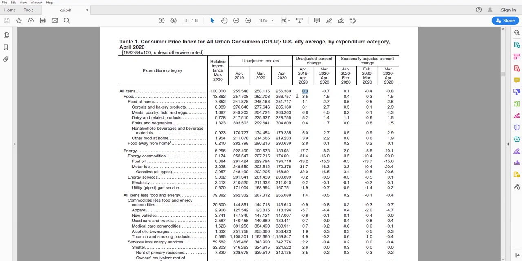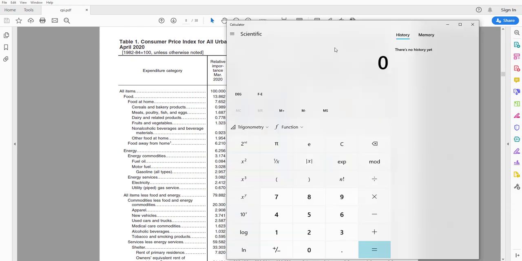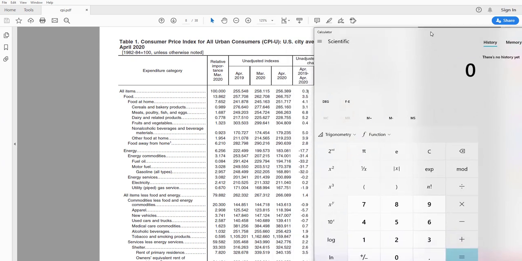So in order to go from 2019 to 2020 in April, we take the current period, which is 256.389. We divide it through by the original time period, 255.548. We divide those two numbers, multiply by 100, subtract out 100, and this is exactly where we get this 0.3. Let's use the calculator just to show you that this is the case.